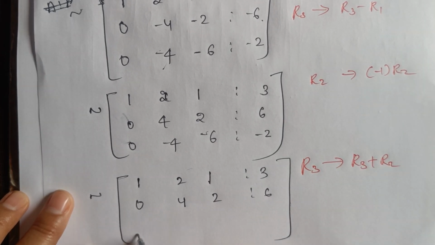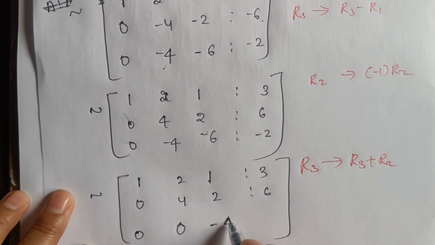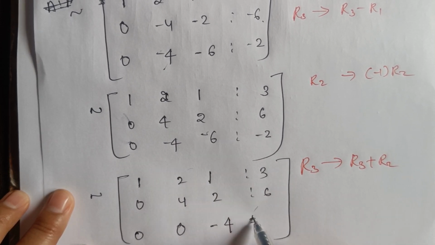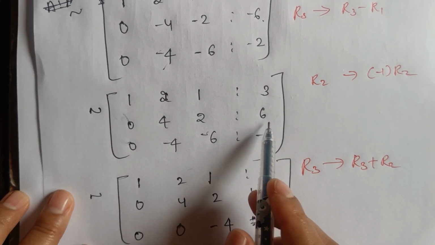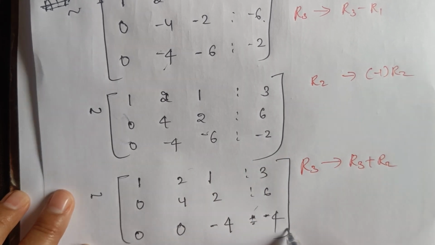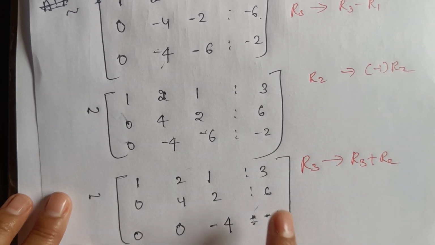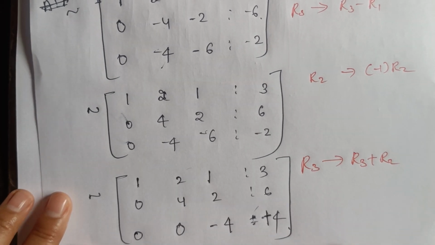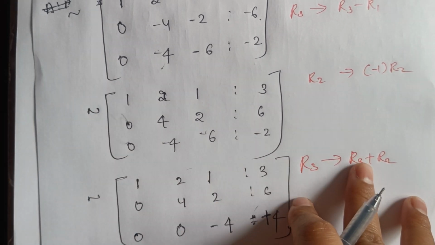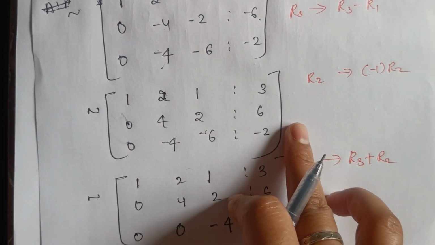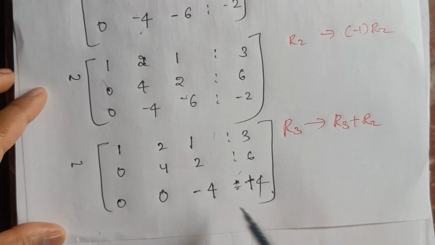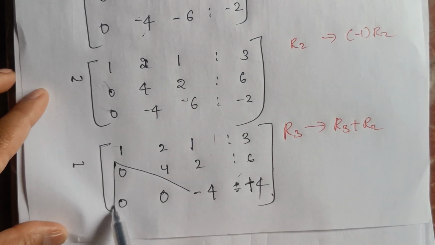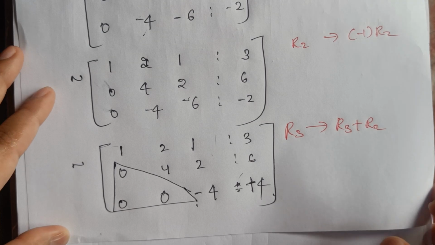So 0 plus 0 is 0, minus 4 plus 4 is 0, minus 6 plus 2 is minus 4, and minus 2 plus 6 is plus 4. So here we got the reduced echelon form.